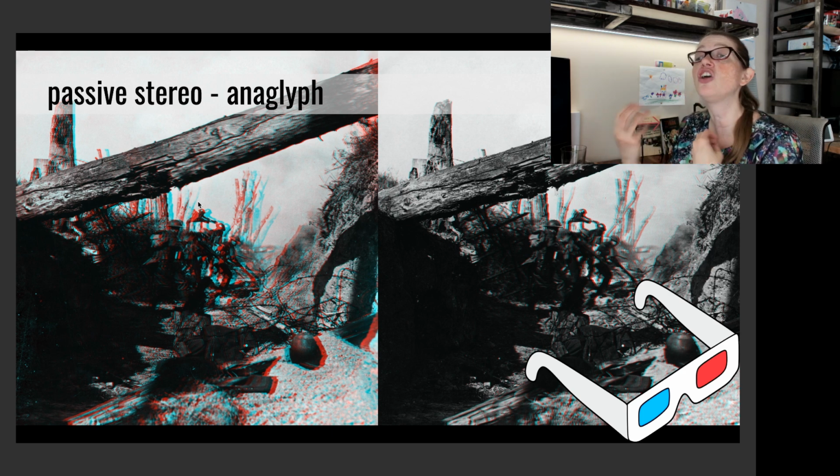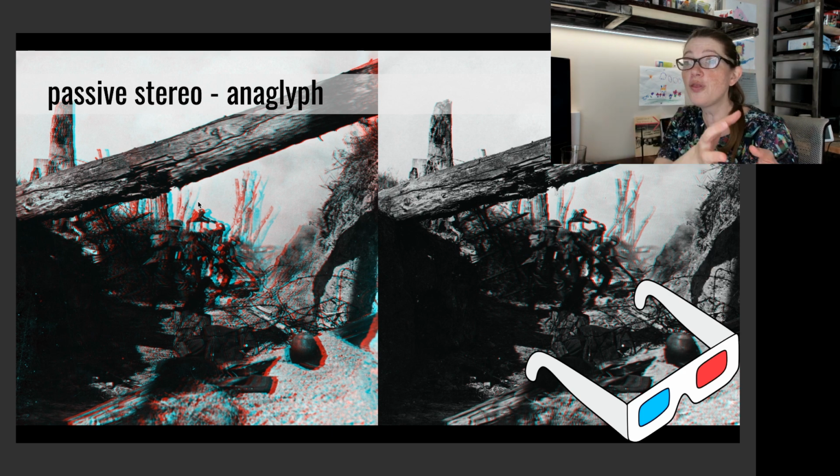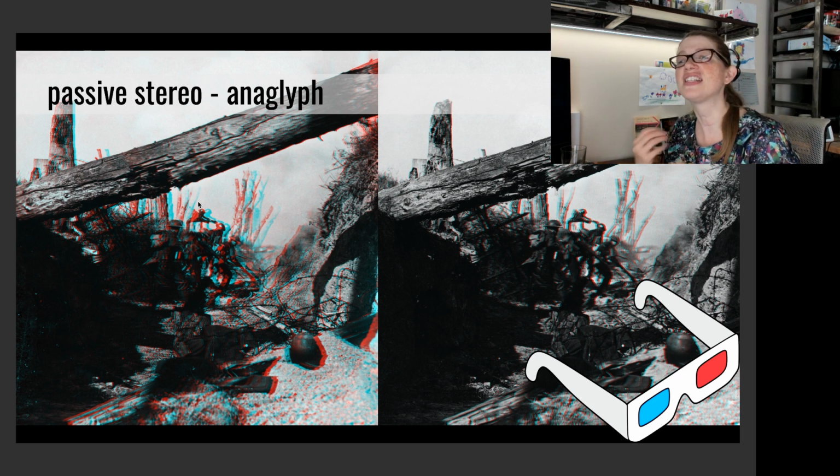And so you get ghosts of the other view in your view, and that can cause some minor discomfort or some confusion as well. So anaglyph works, but it's really, really prone to crosstalk, especially if you're dealing with computer screens and really, really crappy anaglyph glasses, which, let's be honest, all the anaglyph glasses I have are really crappy.